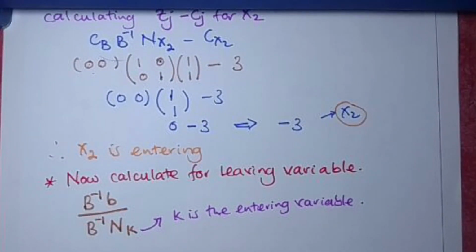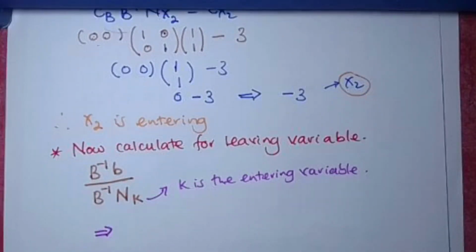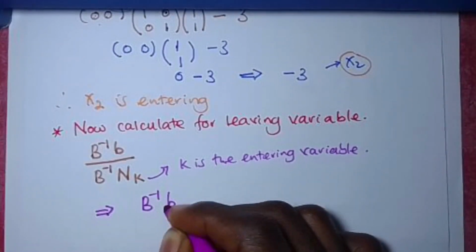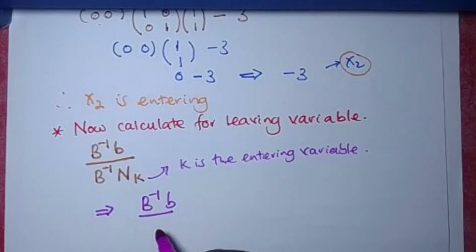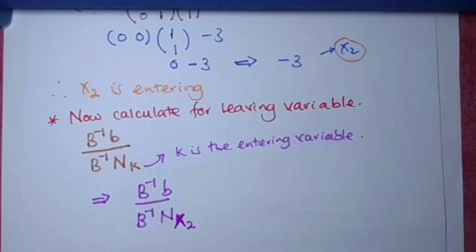So where we have now for this particular case, our K, we shall represent it by x2. Therefore for this case, we shall calculate B inverse B over B inverse N x2. This will be x2 because x2 is our entering variable.